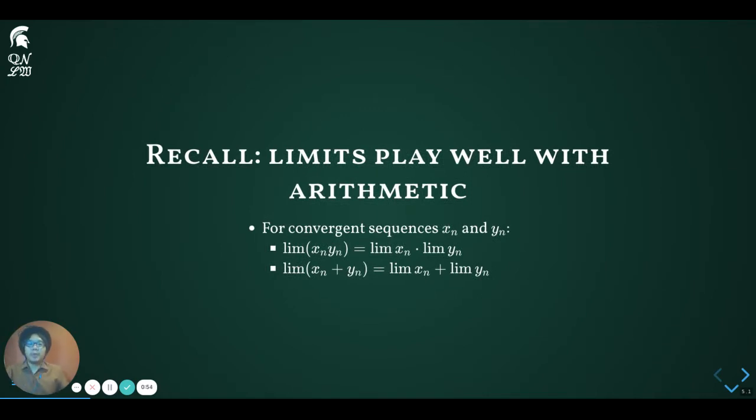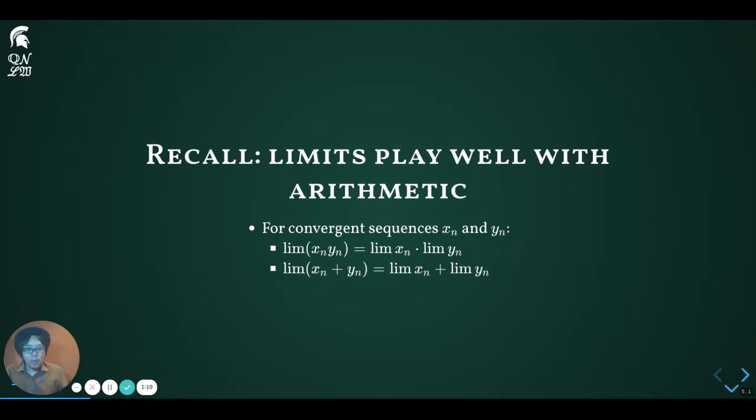One of the things you may remember well from your calculus classes is that limits play well with arithmetic. We went through some of these in the previous few weeks. Let me capture two of the very nice properties of convergent sequences here.